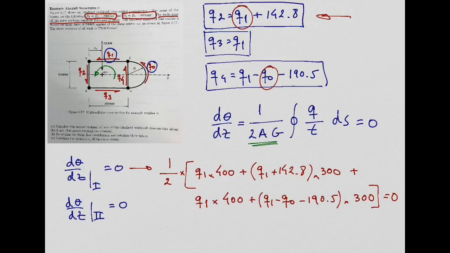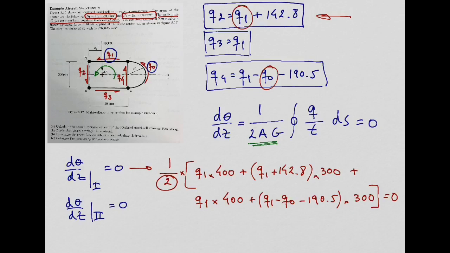That is the contour integral. Quite easy, isn't it? Sir, why did you take out the thickness divided by G? Sorry? You didn't include the thickness. Thickness is here.